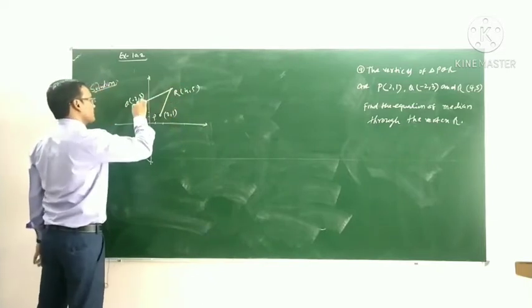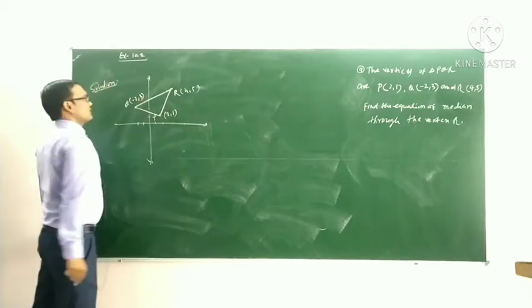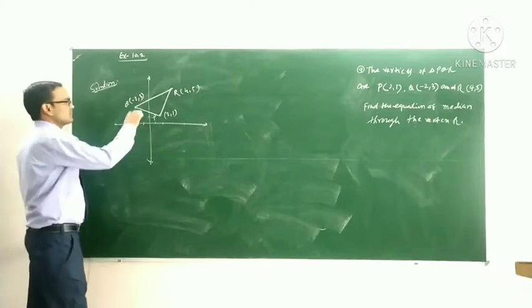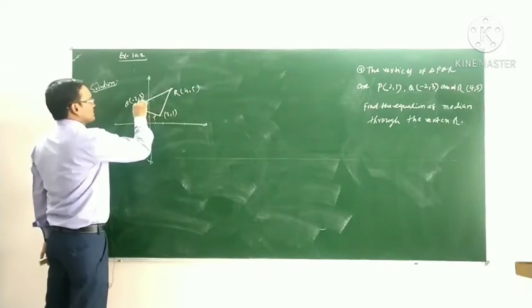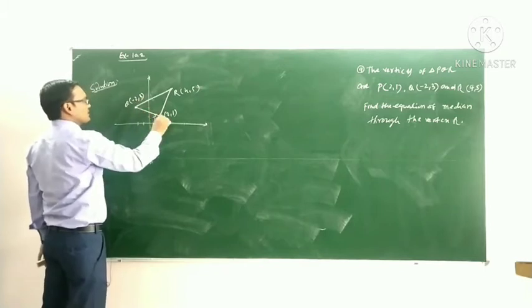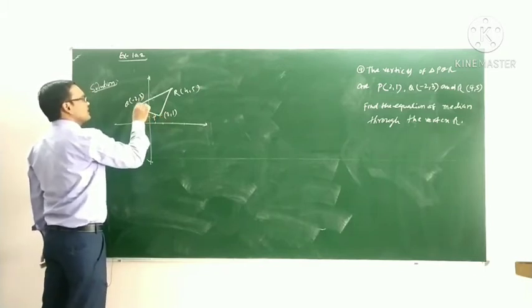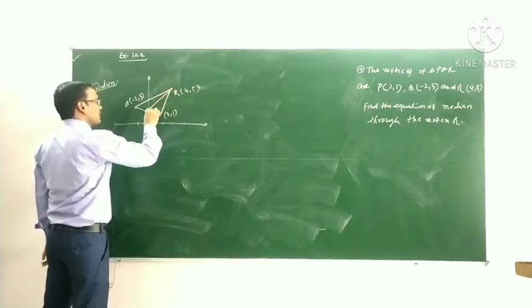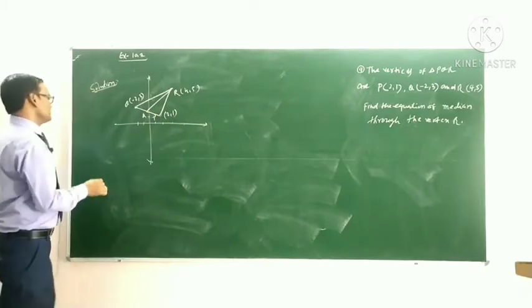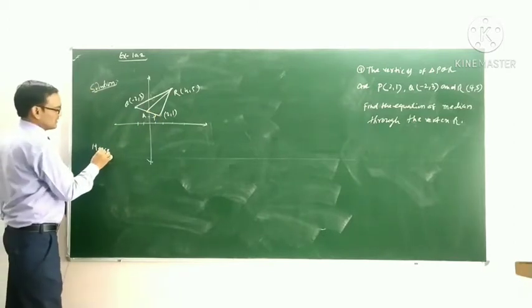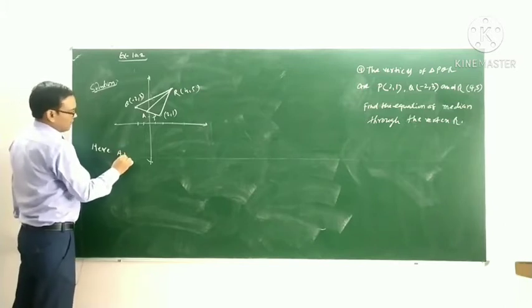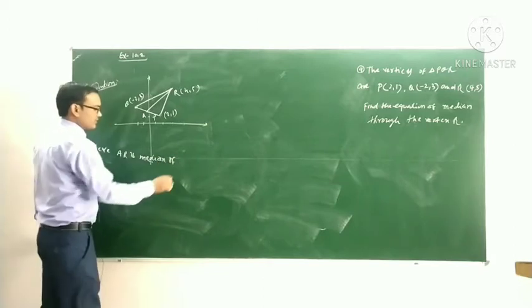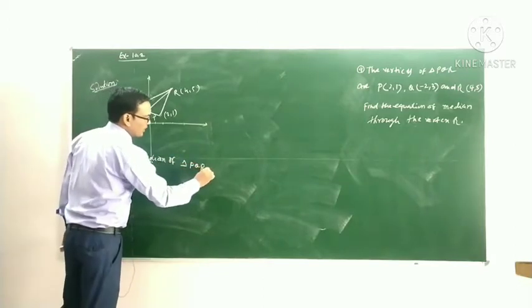In a Cartesian plane, a triangle PQR, we find the midpoint of PR and join it to the vertex R. Here AR is the median of triangle PQR.